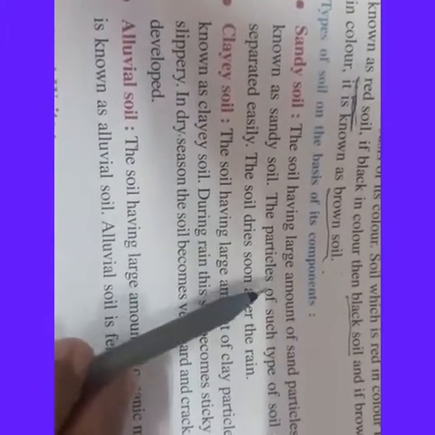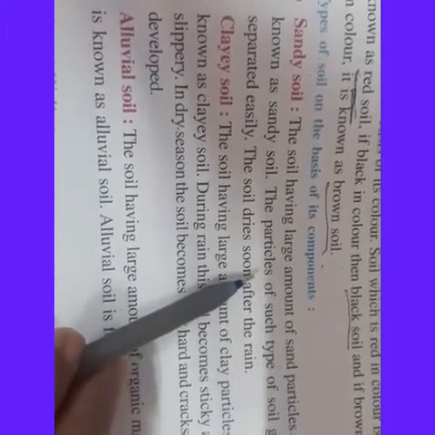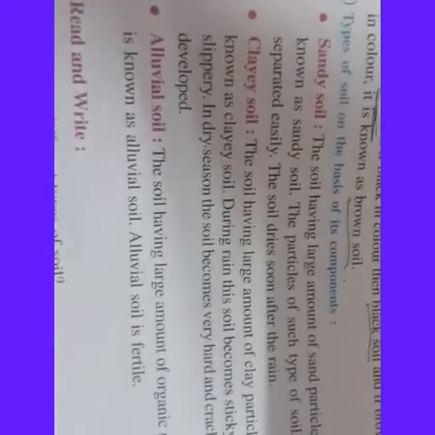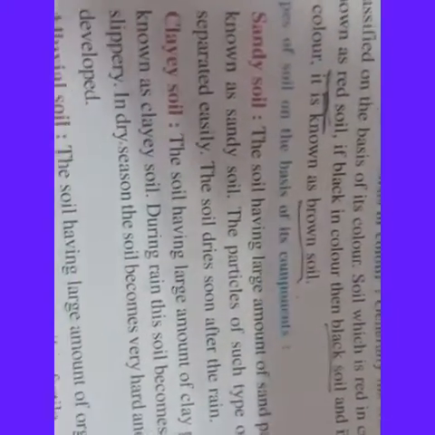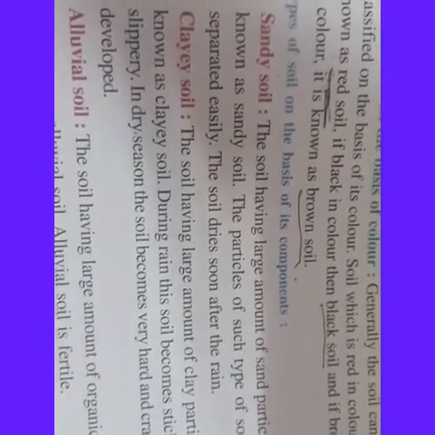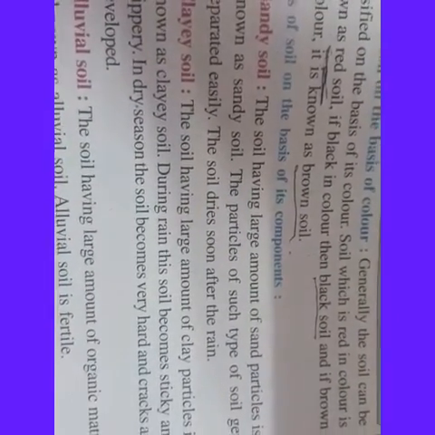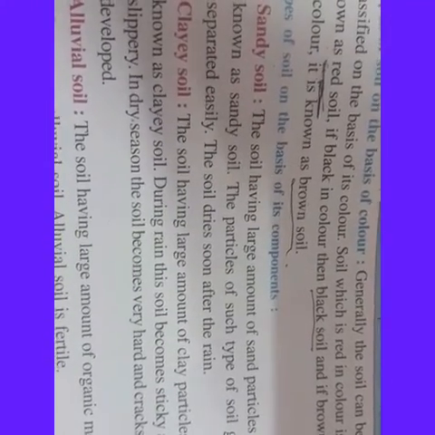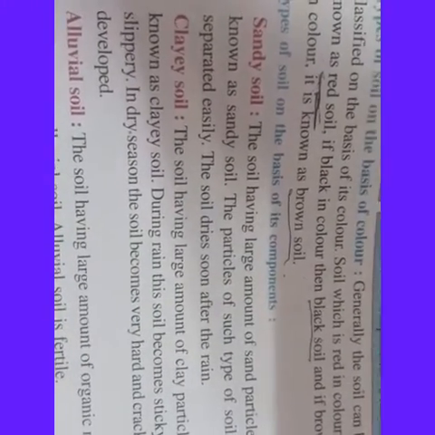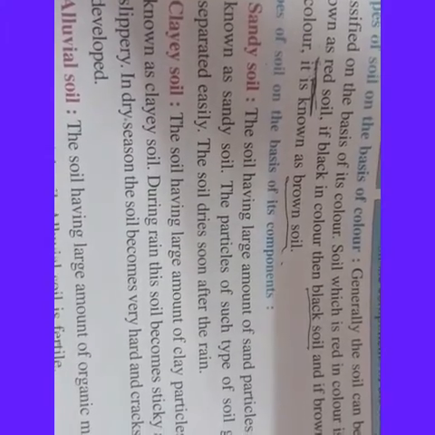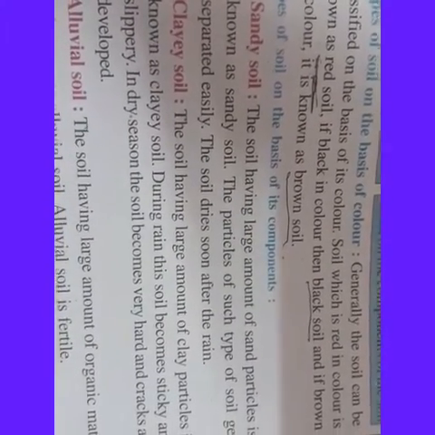The reason is that it contains a large amount of sand, and as you all know sand dries up very quickly or absorbs the water very quickly. So after rain the sandy soil dries very fast. That means the water that a soil should hold is very little. That means the water holding capacity of the sandy soil is very less.